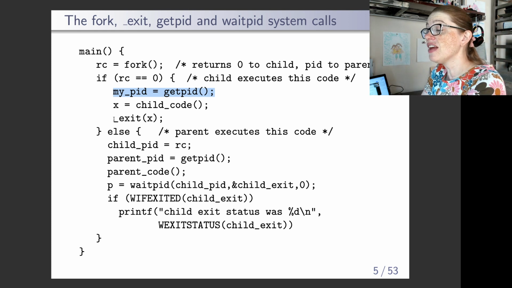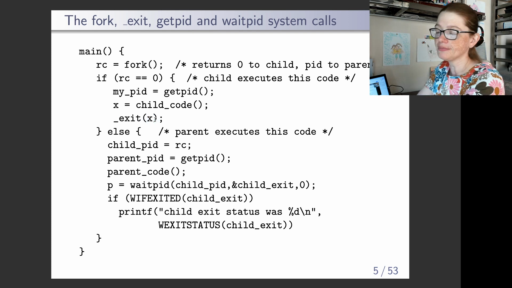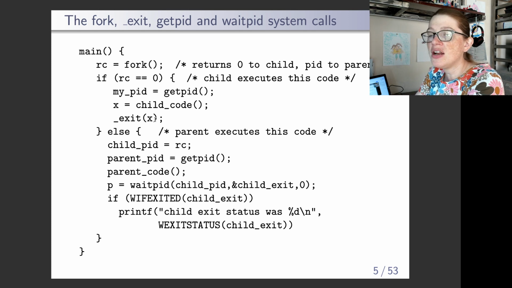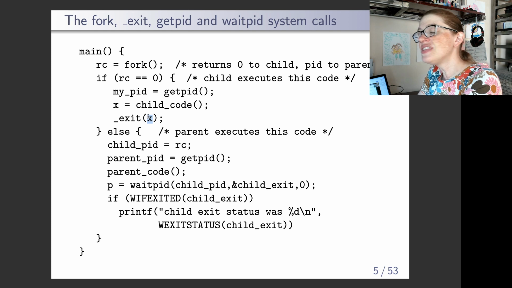Does some work, and then it calls exit, and it passes this exit status code along, which, so long as the parent is alive, will be stored with the zombie until the parent does the autopsy on the child. Now you can use this exit code to store data.